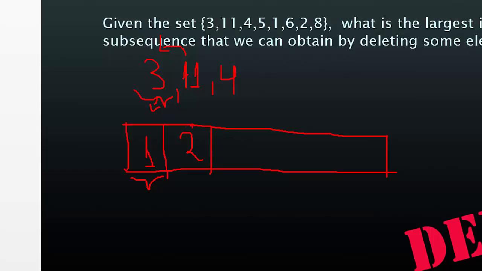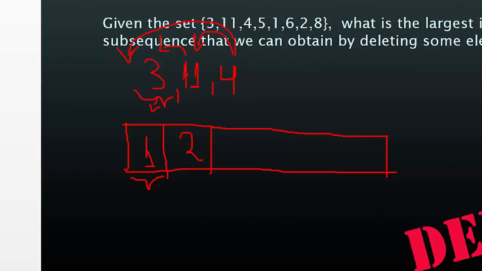Alright, so we know that the previous increasing subsequence was 2, but in fact we have to look through each one of these numbers. So where would we add the 4, or is it bigger than some of these values here?